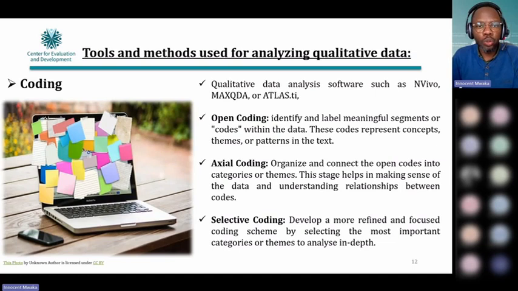We do a series of different types of coding. We do open coding, where we identify and label the meaningful segments, which we call codes, within the data, and these codes represent concepts, themes, and patterns in the text.